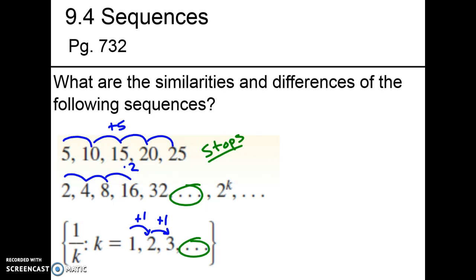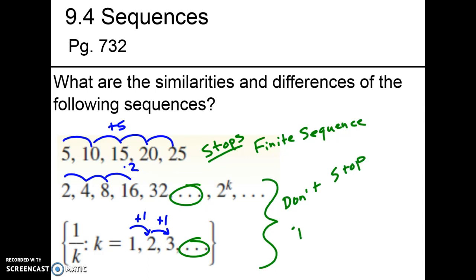And what we say is that we call that a finite sequence. A finite sequence is one that has an end. It actually stops at a certain number. These second two, they don't stop. They keep going on. They're going to go on forever.